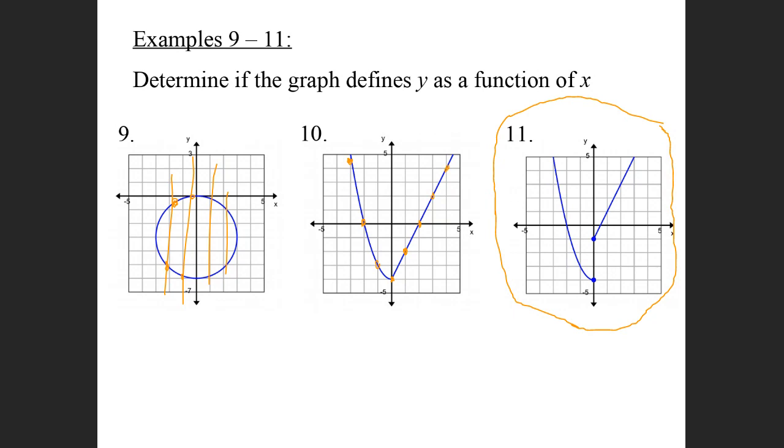In this case, if you take the y-axis again, you see it intersects the curve at 2 points. So this is not a function, this is not a function, this one is a function. So 10 only is a function.